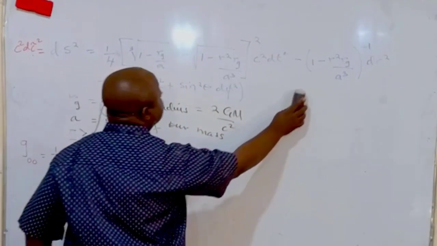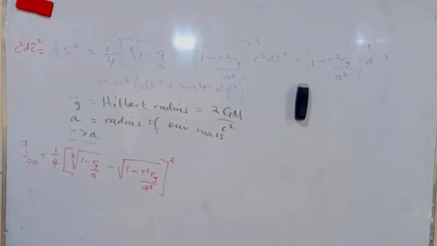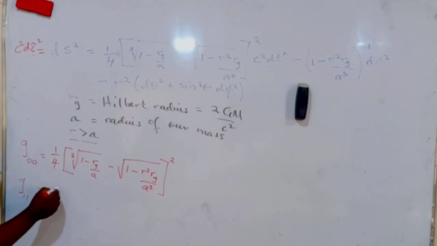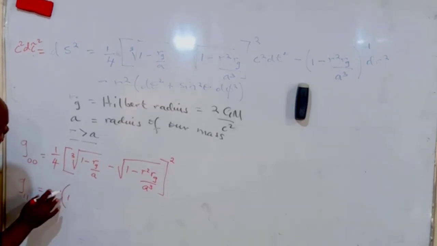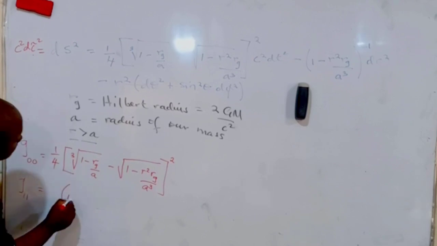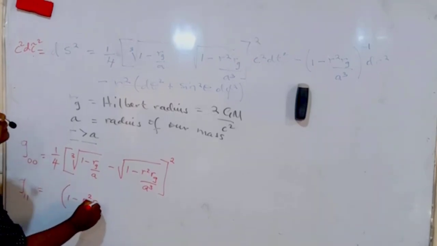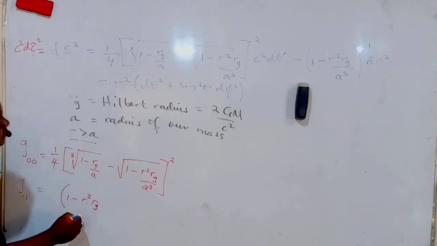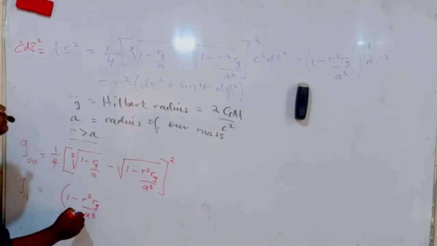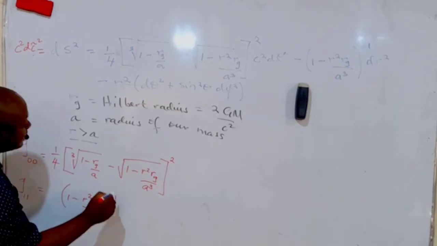Okay. So this is our G00. Our G11 is, if you like, you can maintain the minus. If you like, you can leave it, so it's the same as 1 minus r_g over r, all to the power minus 1.